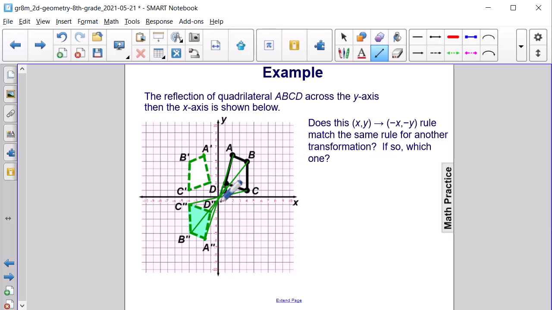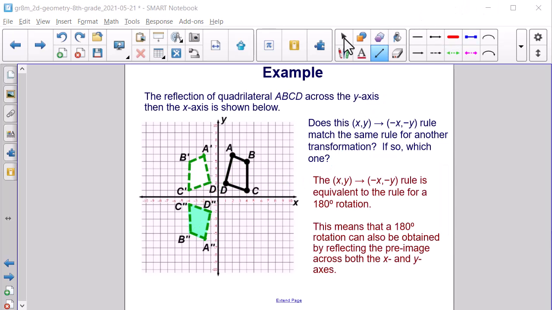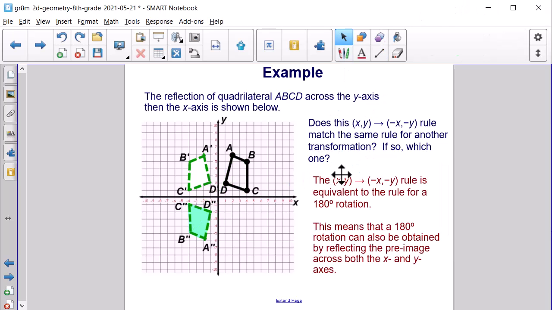And it doesn't necessarily matter the order or the direction in which you rotate 180 degrees, since 180 degrees clockwise will be the same as 180 degrees counterclockwise. So this xy to -x, -y rule is equivalent to the rule for a 180-degree rotation. And again, we can draw the lines connecting these to show that 180-degree rotation.